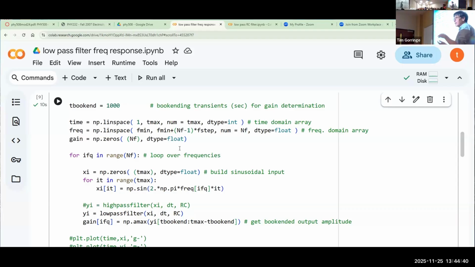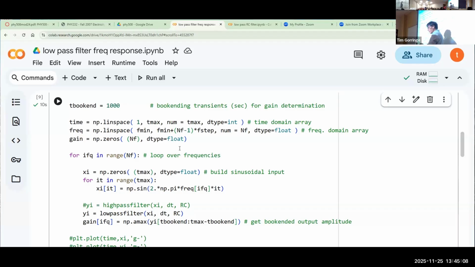So I added an extra loop to my code for the frequency response in the previous code, which would vary the frequency. So this code here walks through a range of frequencies, from low frequencies to high frequencies.